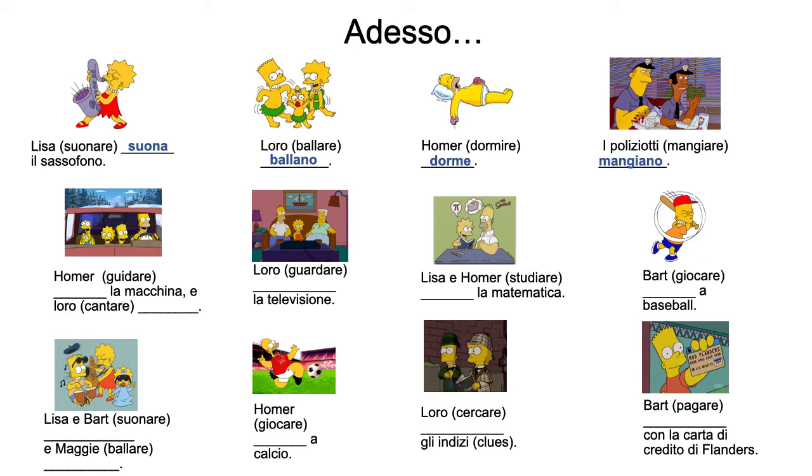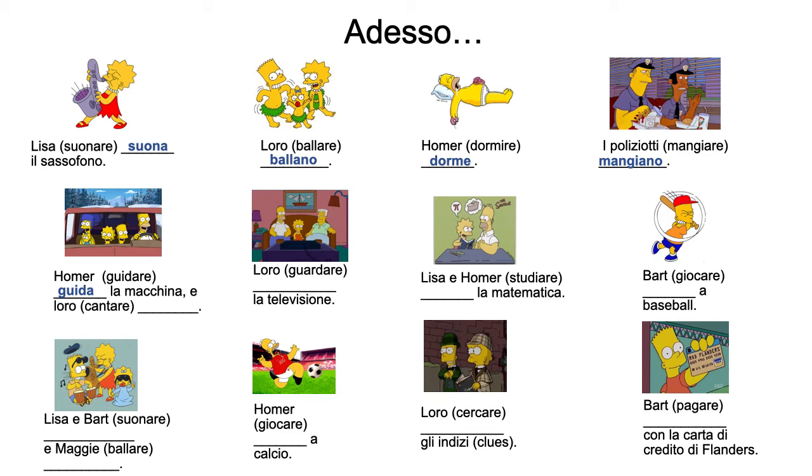So for example, the next image actually has two parts, right? The sentence has two parts. The first one says Homer guidare la macchina. I hope you remember that guidare means to drive and la macchina means the car. And the subject here is, of course, Homer, right? So it would be lui. We need the lui form. So it's Homer guida. Homer drives the car.